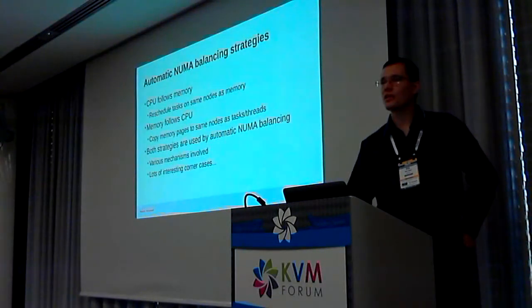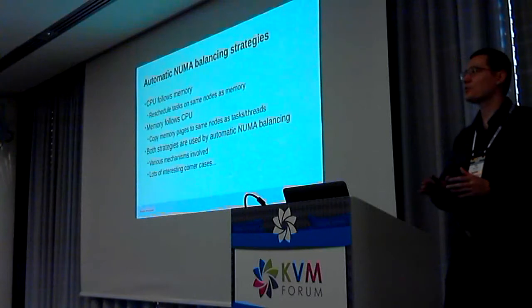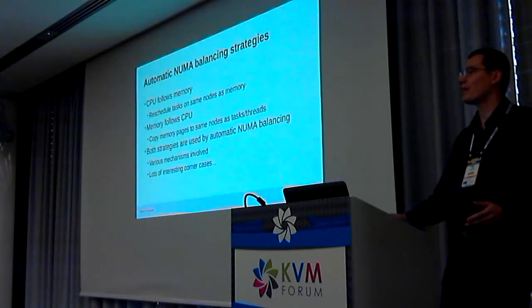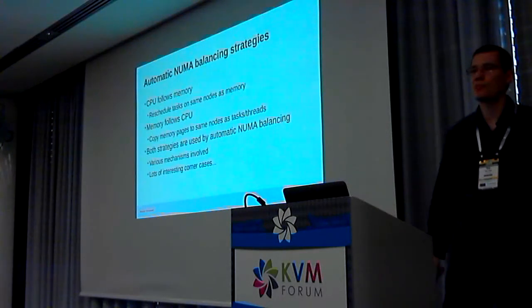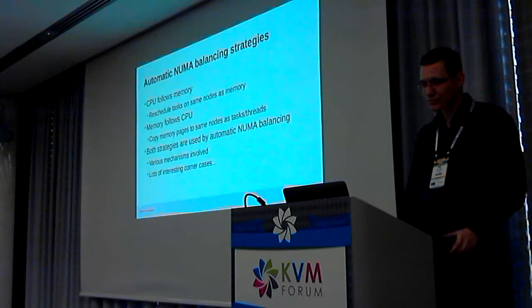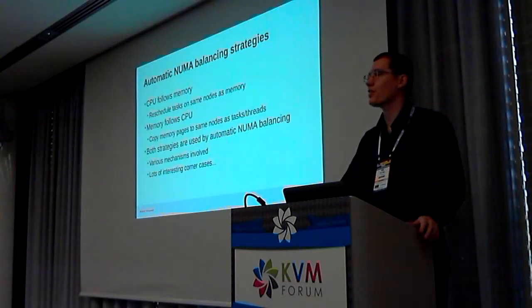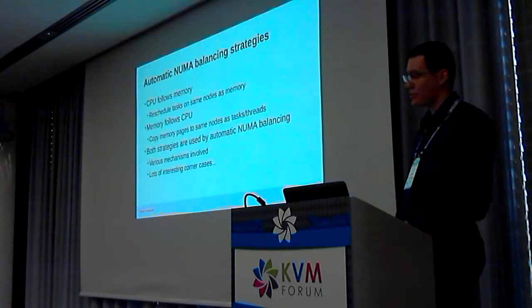And the second one, memory follows CPU. We try to run a task where most of the task's memory is, and the rest of the memory we can migrate over. We simply copy the data and make the program use the memory in the new location. Sounds pretty simple so far, but there are lots of little details and corner cases involved, which I will slowly walk you through.